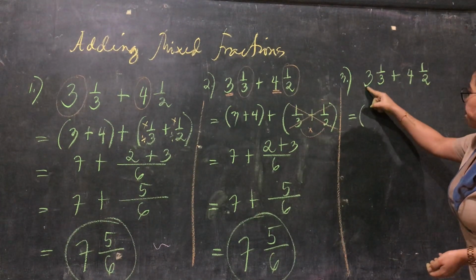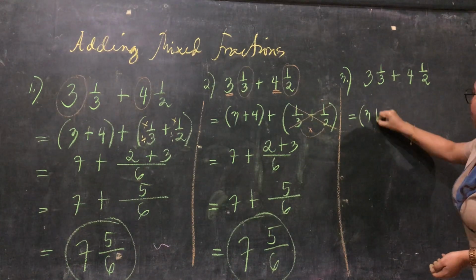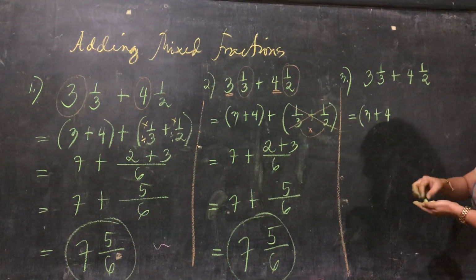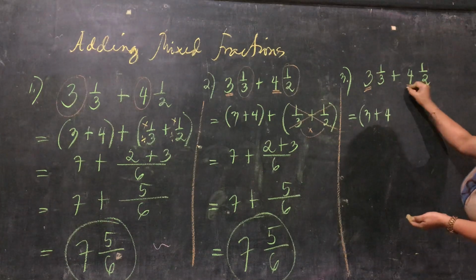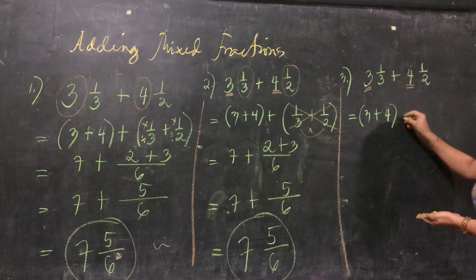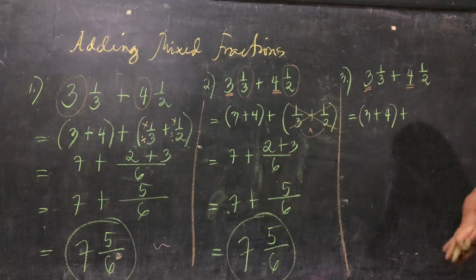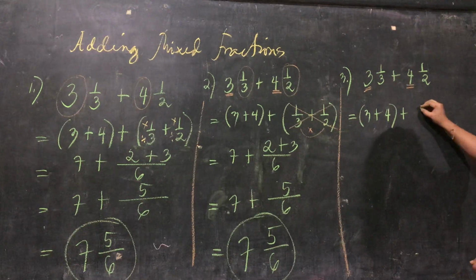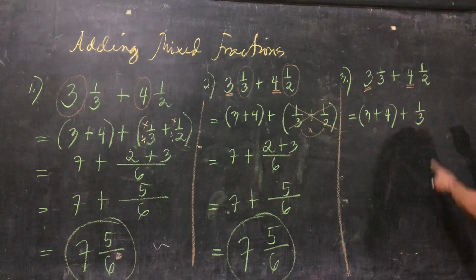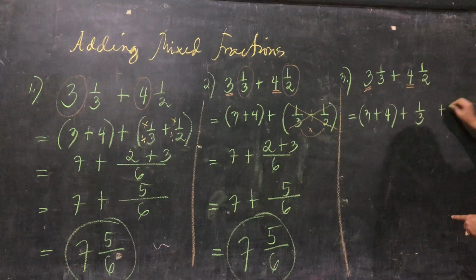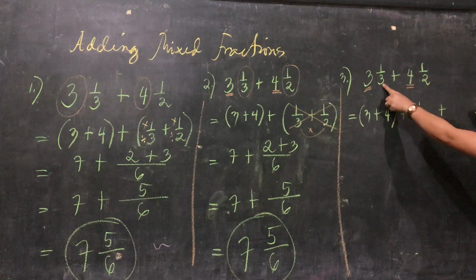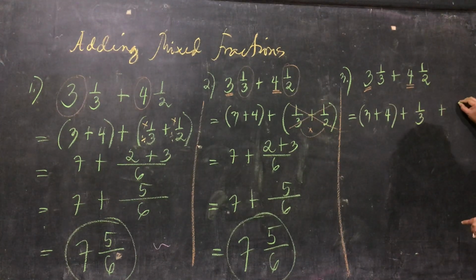Equals. Copy plus 4. How many whole numbers? Kani and kani. And then close. I-add na nato sa fractions. You have 1/3 plus 1/2.